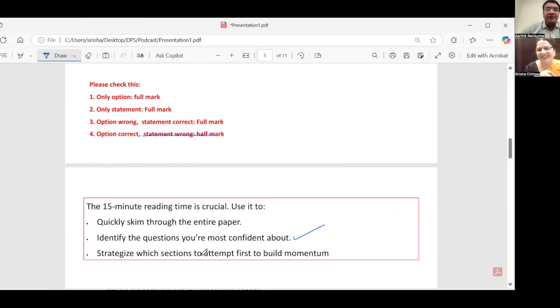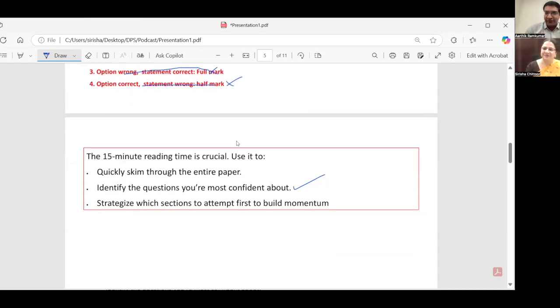Absolutely, ma'am. In fact, the point you have mentioned, which section to tackle first. Once a student is able to identify, okay, first I should go for section 5, then I should go for section C, that sequencing will be very useful for many students.